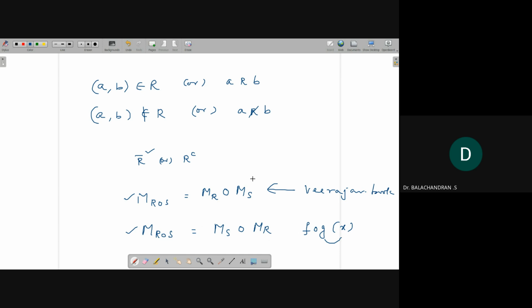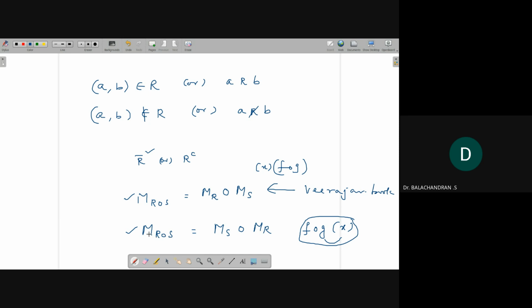But in the Veerarajan book, F composition G means first applying F and then G.